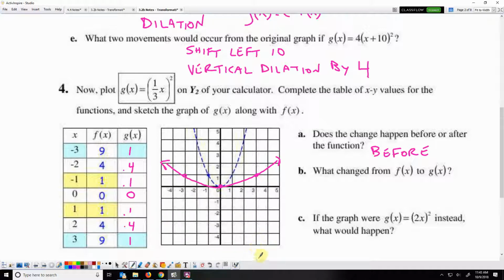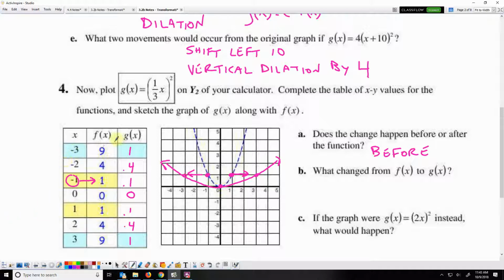So this time, instead of getting taller or shorter, it's actually getting wider. These outputs right here move wider. So what changed is that it actually takes 3 times the input to get the same output. Notice here, I had a -1 and got an output of 1.